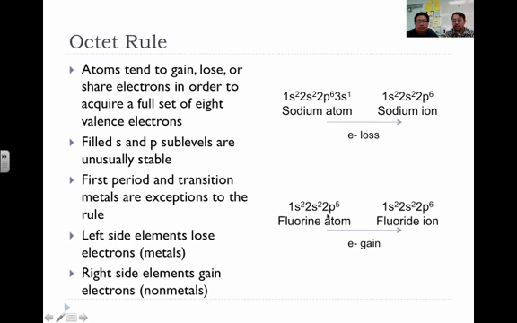And with fluorine, the highest energy level here is the 2 series, and that's got your s2 and a p5. That totals up to 7. That's just 1 away from 8, so it's going to gain an electron instead. And this has to do with those ionization energies. Just remember that metals lose electrons and will become positive. Non-metals will gain electrons and become negatively charged. And we'll talk more about the logistics of this stuff.